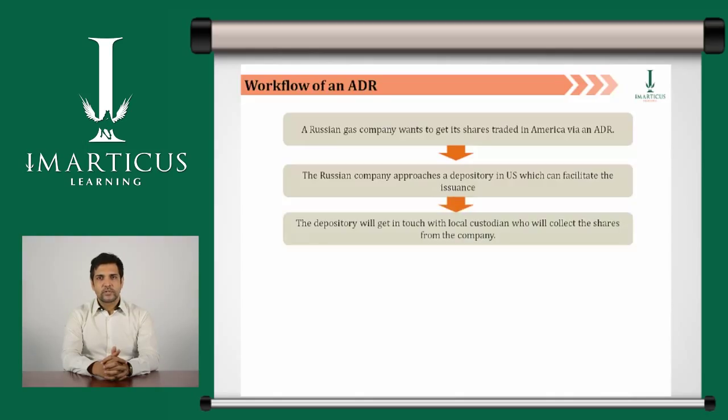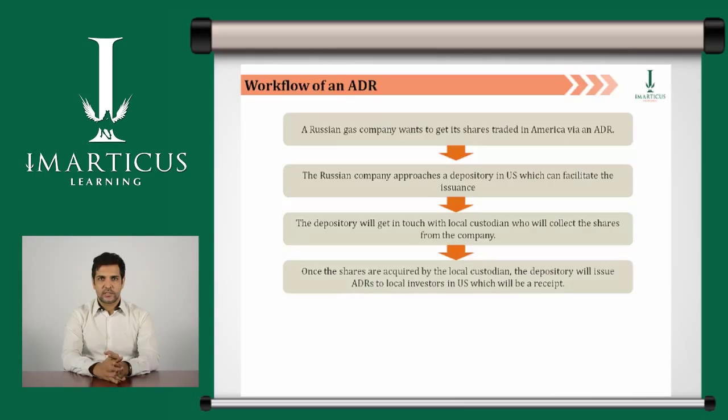This local depository will get in touch with the local custodian who will collect the shares from the company. Post the acquisition of shares, the depository will issue ADRs to local investors in the US stock exchange, which will not be equity but a DR.